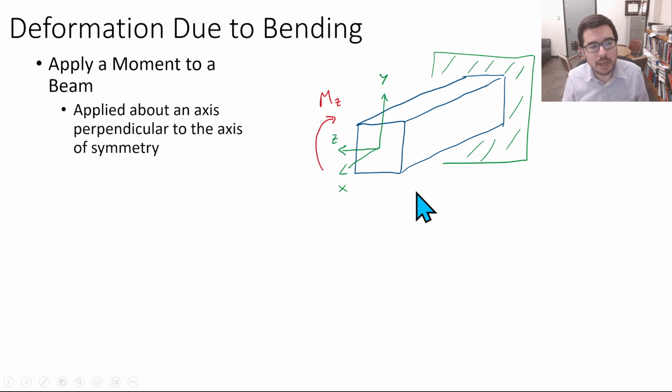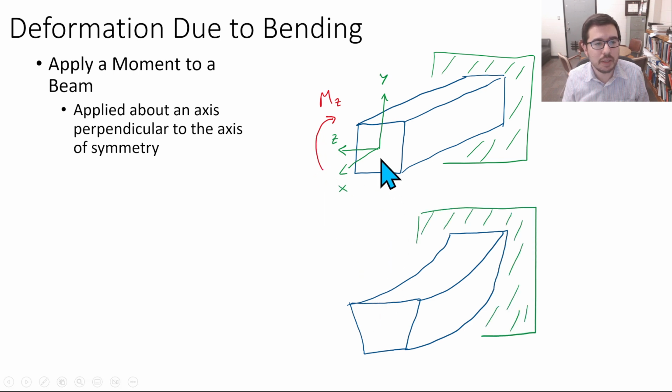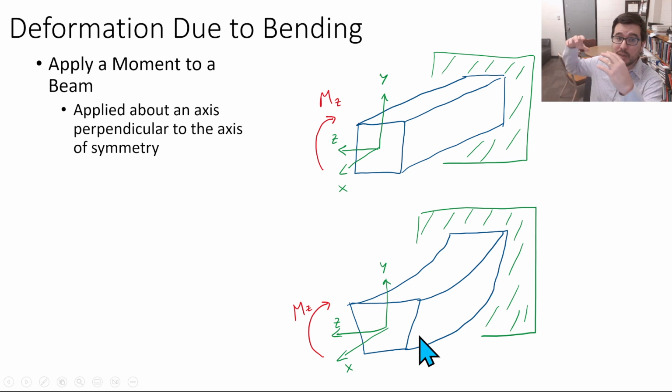So what happens when we apply Mz? In this case, it's going to curve up as we see here. We can have our same coordinate system coming out of the end, and we have our Mz still being applied, but you see that it's curving up.